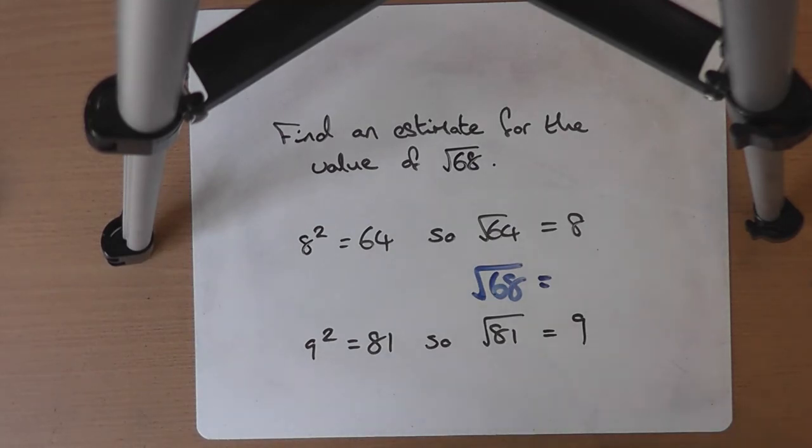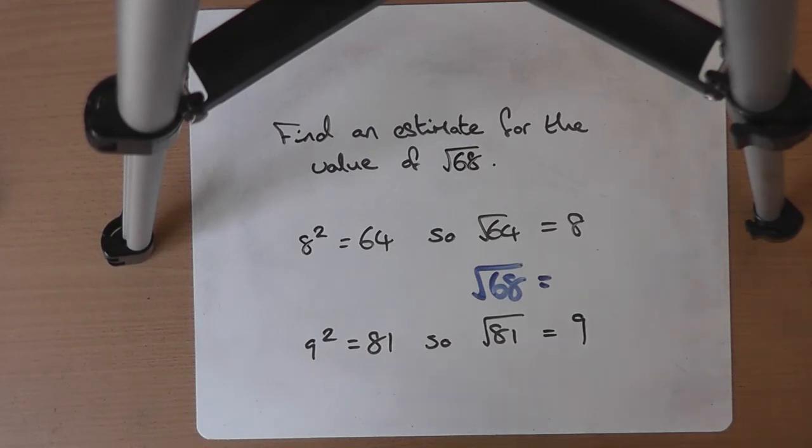Well, because 68 is not roughly halfway between 64 and 81. 68 does fall between them, but it is clearly closer to the 64 than the 81. It's 4 away from 64 and 13 away from 81, which surely means that the answer to the square root is going to be closer to 8 than it is to 9.